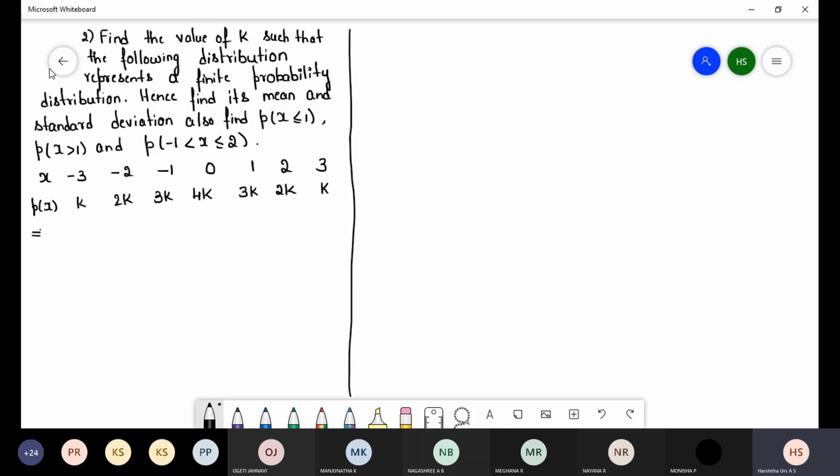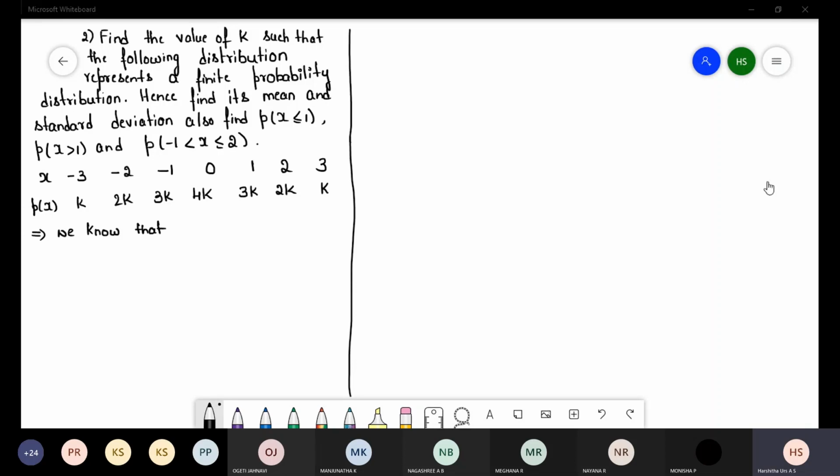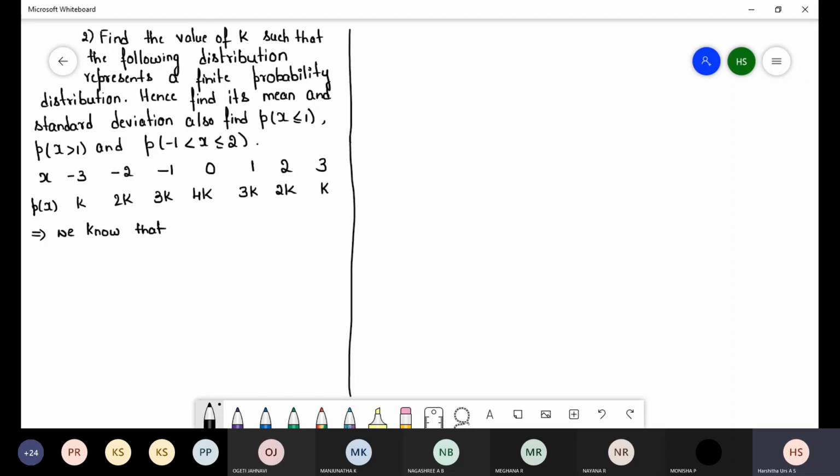Let us start the solution. When we start the solution for finding k of the probability distribution, first we have to write the conditions for every problem. These two conditions we have to write for every problem.